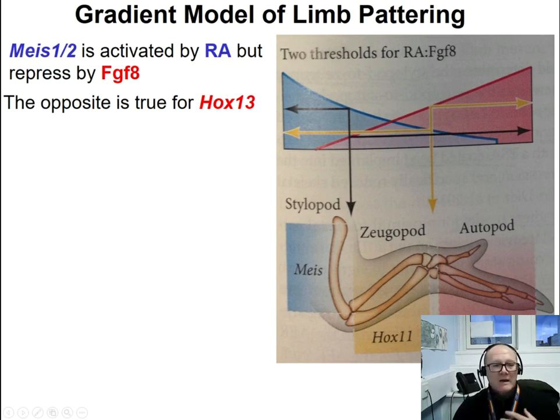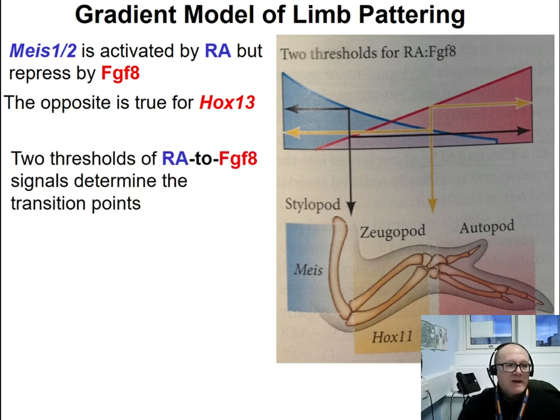And in fact, how the different parts of the limb are specified in terms of which part should become stylopod, which part zeugopod, and which part autopod, is determined by a ratio of retinoic acid to FGF8.